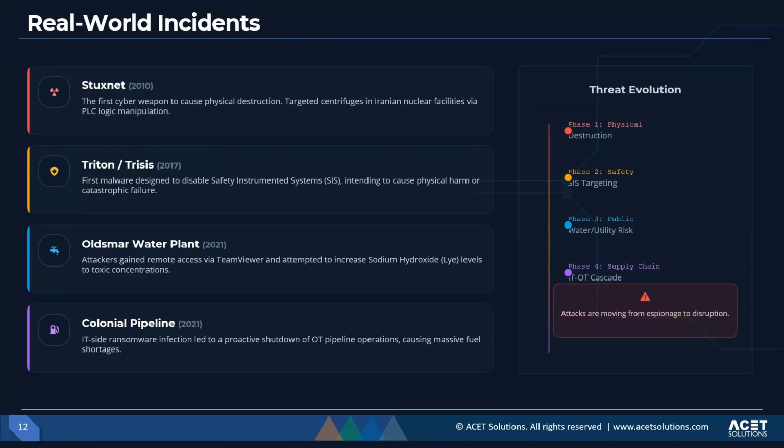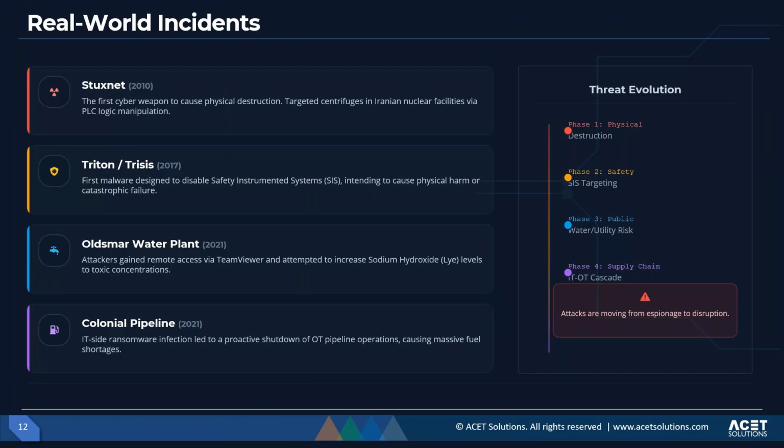Stuxnet revealed how malware can alter the control logic to damage physical equipment in a nuclear facility. Whereas Triton showed that attackers can attempt to disable or manipulate a safety instrumented system. Colonial Pipeline, on the other hand, highlighted how an IT compromise can force a shutdown of OT due to operational interdependency.